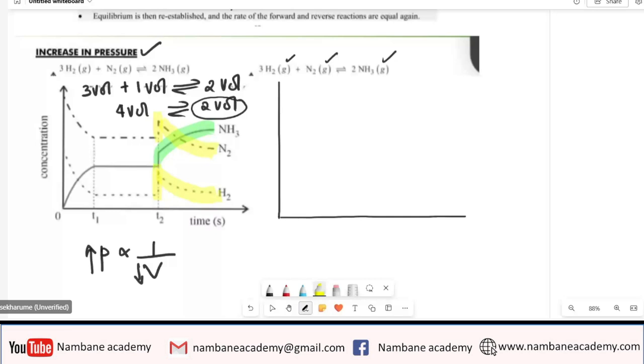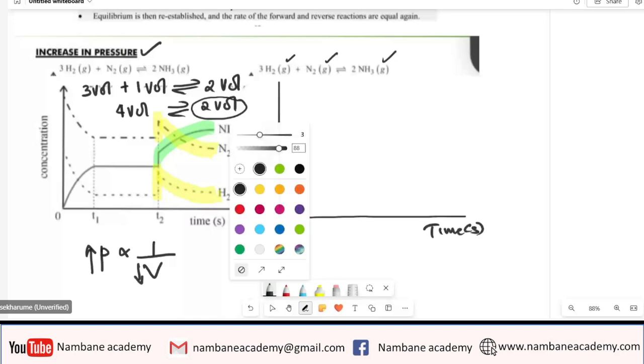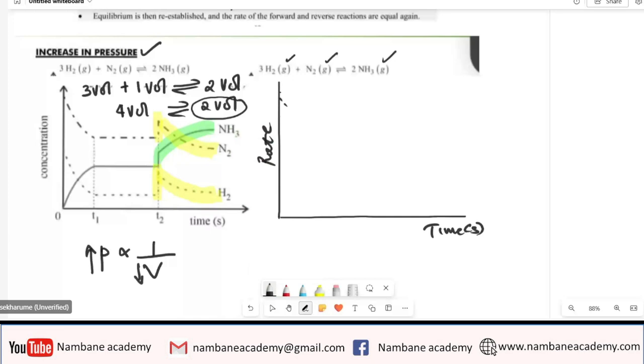Okay, so I want to draw the rate versus time graph. Now this is the forward reaction, and this one will be the reverse reaction. Somewhere there, the system will be at equilibrium.